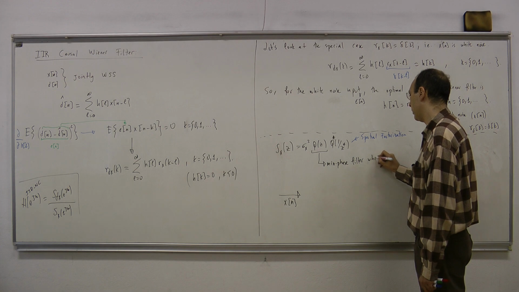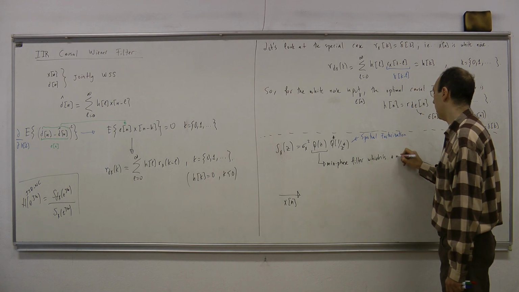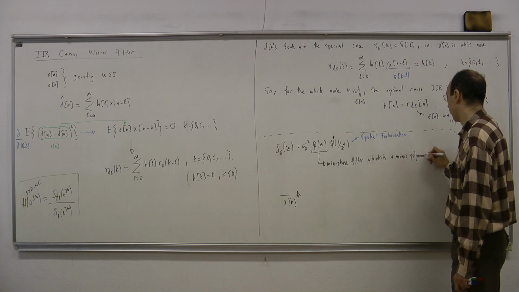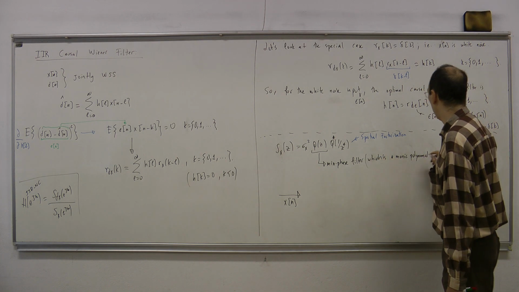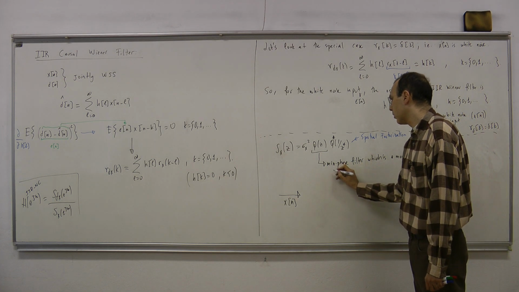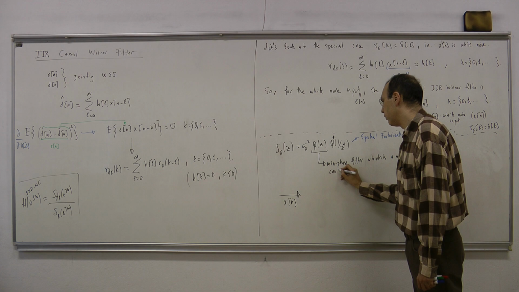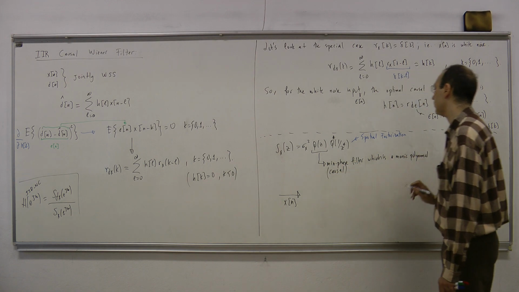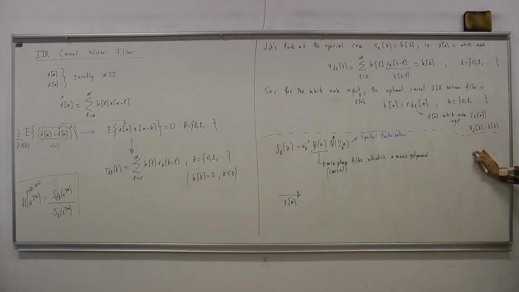This is maybe a little bit new. So what do I mean by a monic polynomial? Let me give more information. Minimum phase is then automatically causal, a filter which is a monic polynomial.